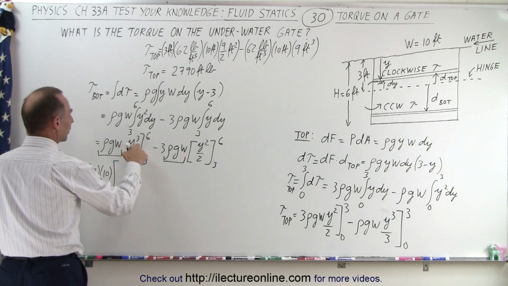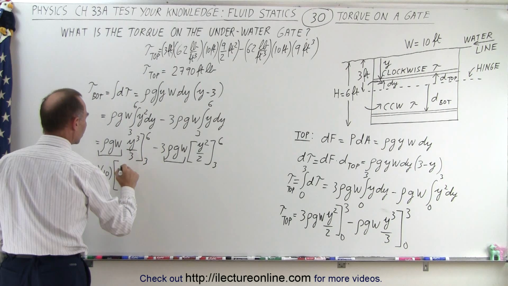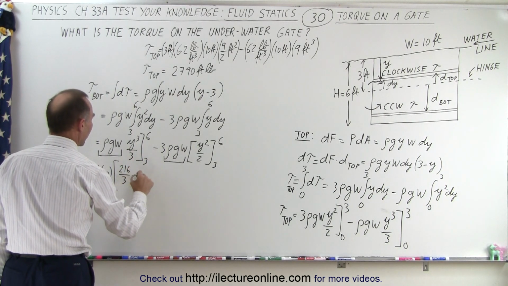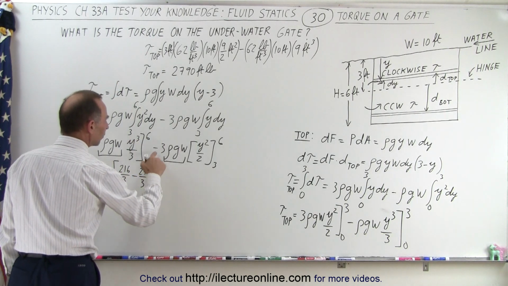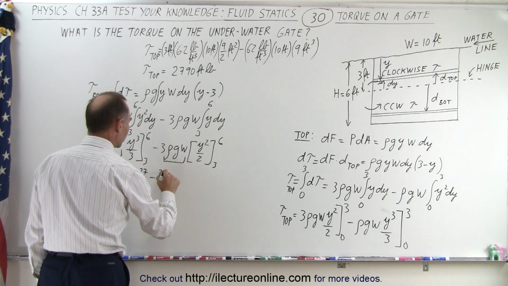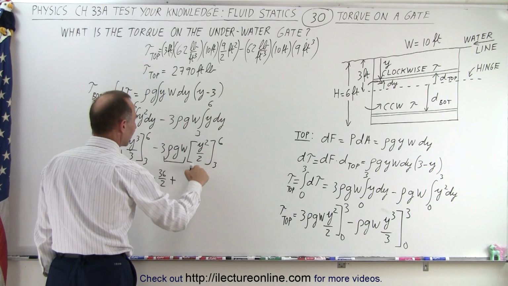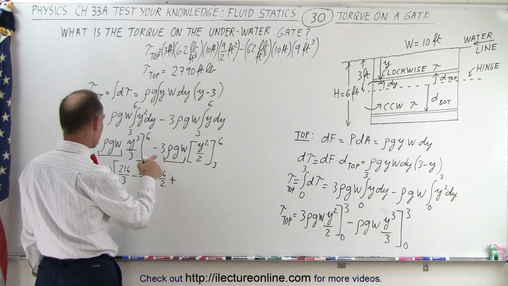Then here, when I plug in the upper limit, I get 6 cubed, which is 216 divided by 3, minus 27 divided by 3, minus upper limit, that would be 36 divided by 2, and a minus times the minus would be plus 9 divided by 2 times 3. Did I forget about my 3 here?